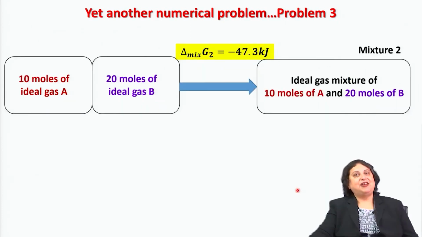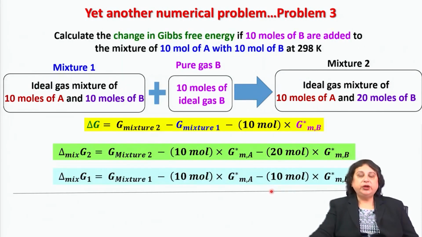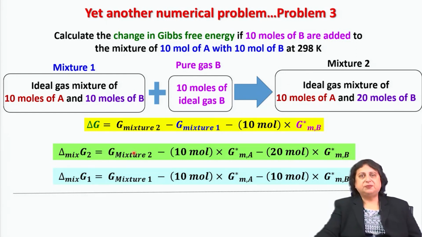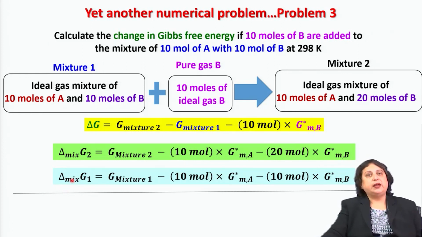Similarly, I can write down a similar expression for the second mixture. Now, I am going to combine the two. When I combine the two, I write delta mix G2, this by definition is this, delta mix G1 by definition is this. Now, I am going to subtract the second equation from the first one.